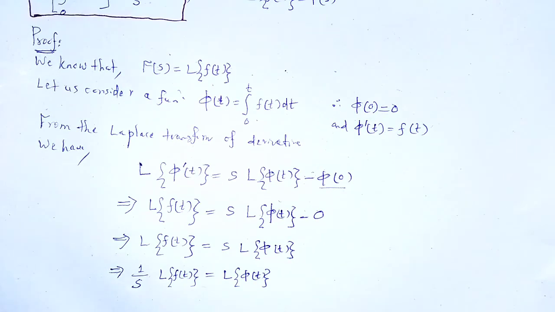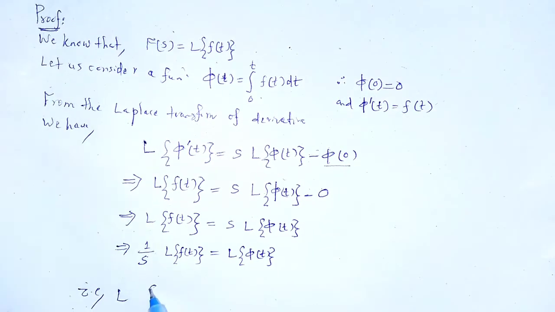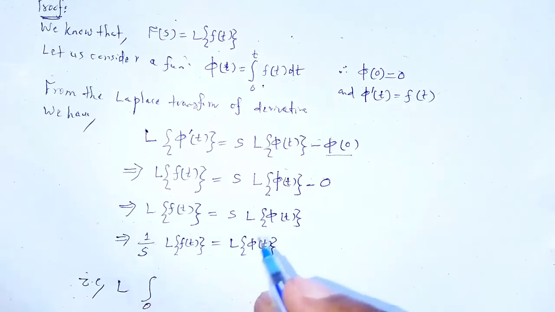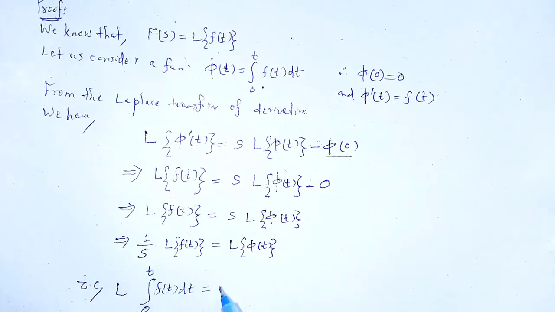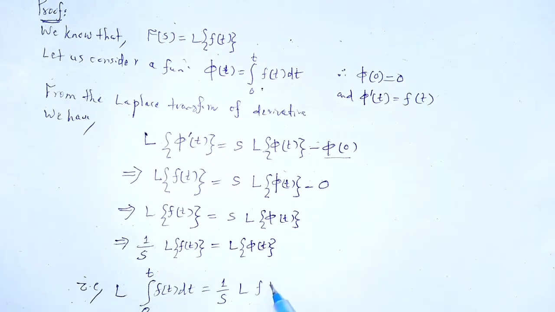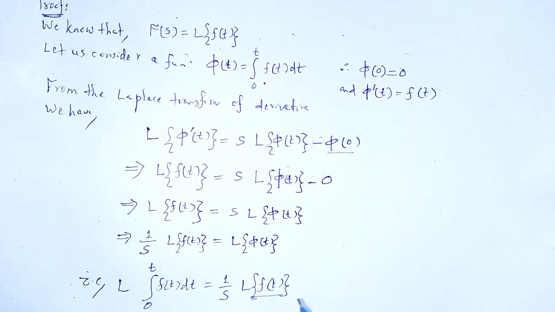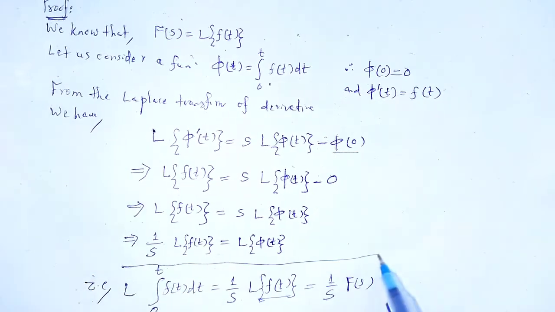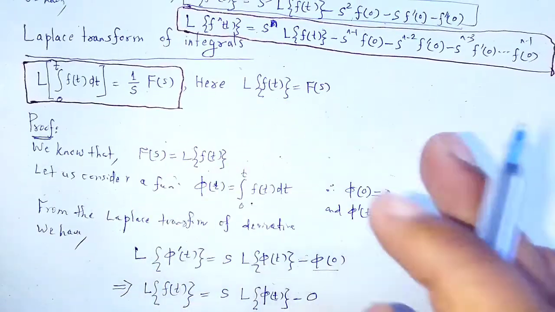Therefore, we have the Laplace transform of the function phi(t), which is the integral from 0 to t of f(t) dt, is equal to 1 by s times the Laplace transform of f(t). That is equal to 1 by s F(s), which proves the Laplace transform of integrals.